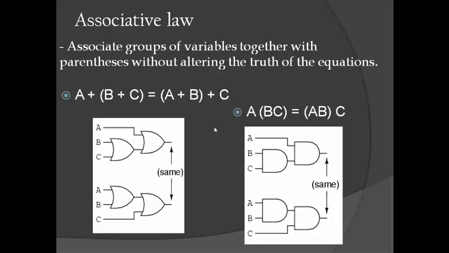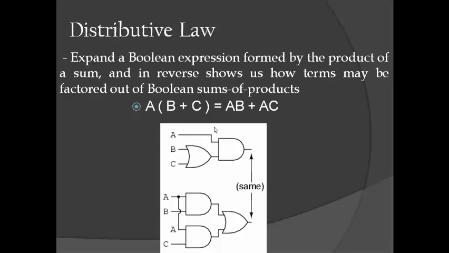The associative law states that groups of variables can be associated with parentheses without altering the truth of the equations. For example, A ORed with (B OR C) is equal to (A OR B) ORed with C. In a similar example, A ANDed with (B AND C) is equivalent to (A AND B) ANDed with C. The distributive law states that a Boolean expression formed by the product of a sum can be expanded.